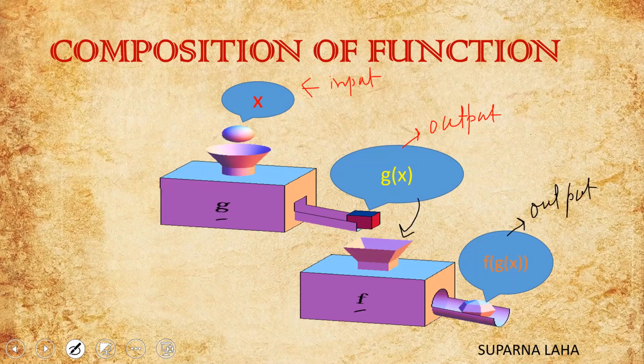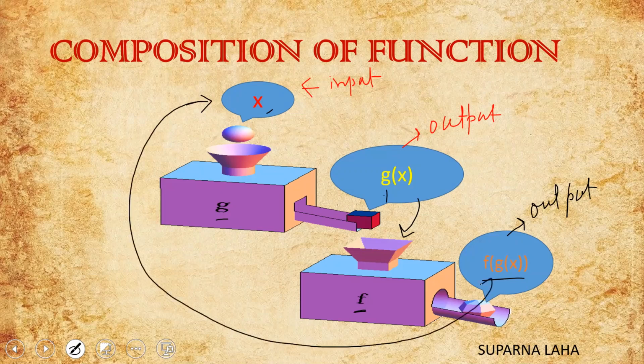So for g, input is x and output is g(x), and for f, input is g(x) and output is f of g(x). Now I can define another function whose input is x but the output is f of g(x). So this function is called the composition function, f of g(x), or I can write f∘g. This is called the composition function.